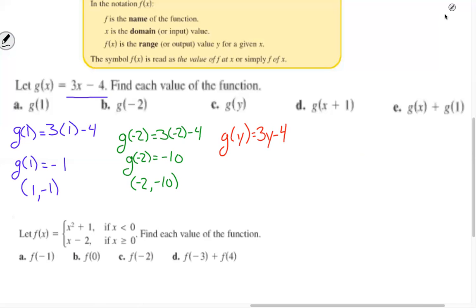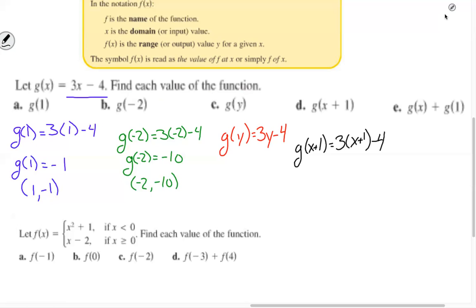So long story short, whatever is in these parentheses goes in verbatim for the x. Ready, Chris? See how this says x plus 1? g of x plus 1. I'm literally going to take that x and replace it with x plus 1. See that? Do you see how each time when I substitute it in, I literally put the parentheses with it as well? I think that's helpful.